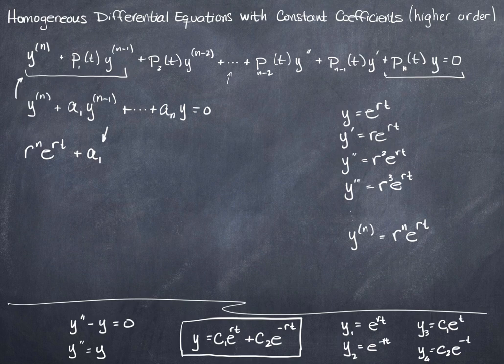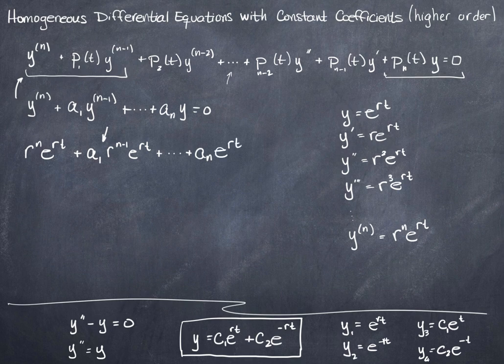So my n minus 1th derivative is going to be r to the n minus 1 times e to the rt, plus the next term would be a sub 2 times r to the n minus 2 times e to the rt, all the way down to a sub n times the original function, which is e to the rt.